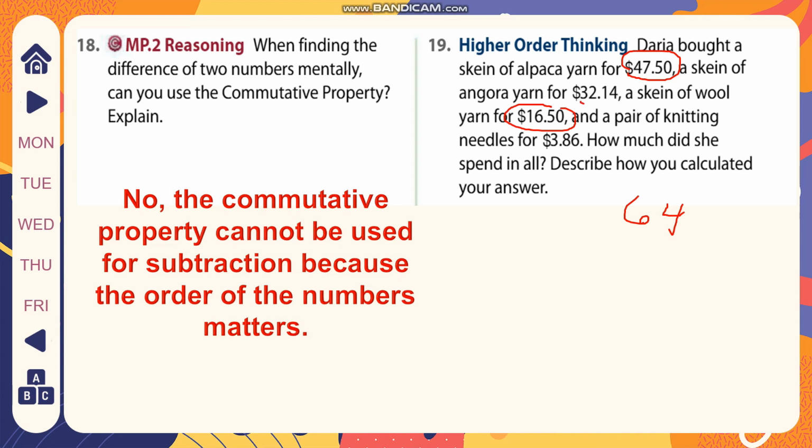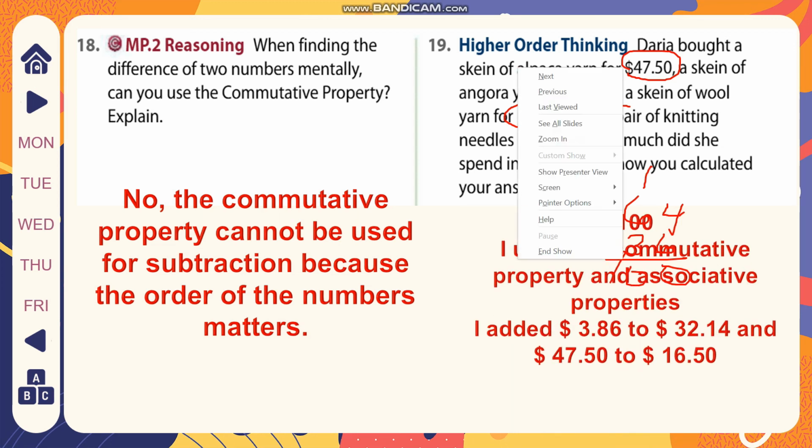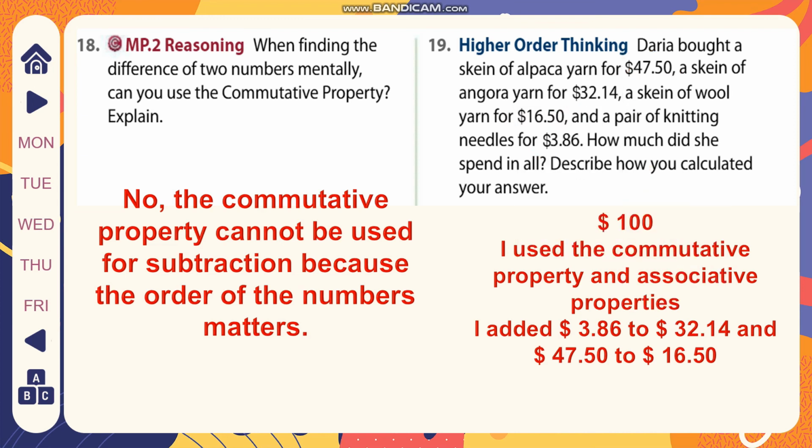Now, 32.14 plus 3.86. 86 plus 14, that is 1 whole part, plus 32 is 33, plus 3 is 36. So plus 36, the answer is equivalent to 100. So by that strategy, use the commutative and associative properties by adding the given addends.